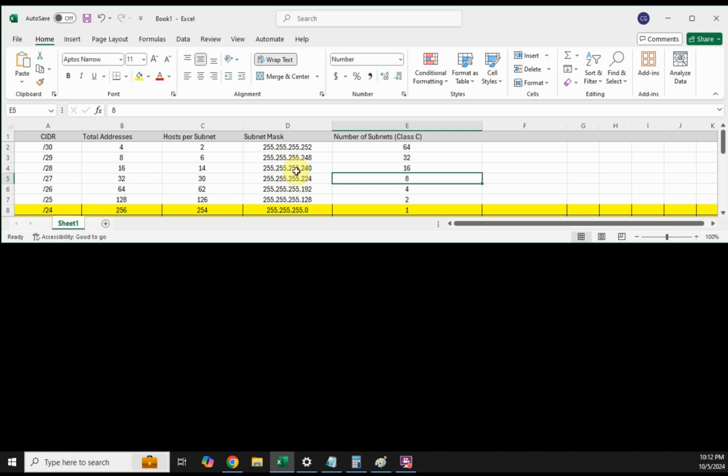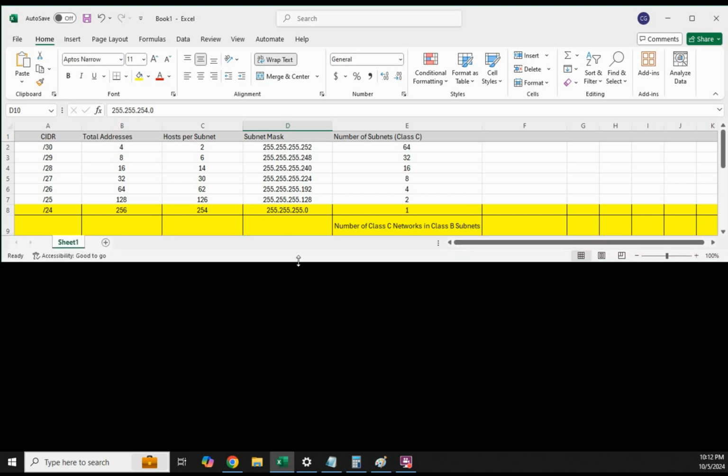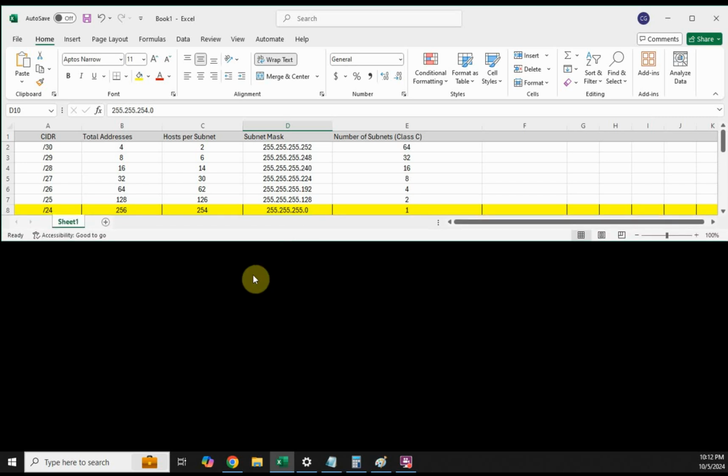Add 16, you get 240. Add 8, you get 248. Add 4, 252. And when it comes to going the opposite direction, you start with 254, because 255 here, and go down that way. As long as you understand how to do that, you can draw this table.